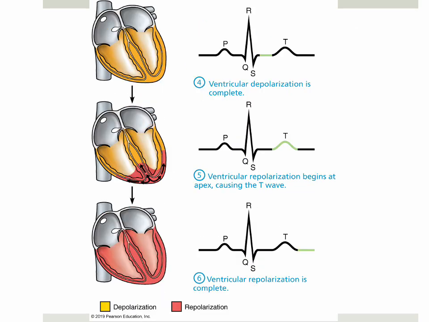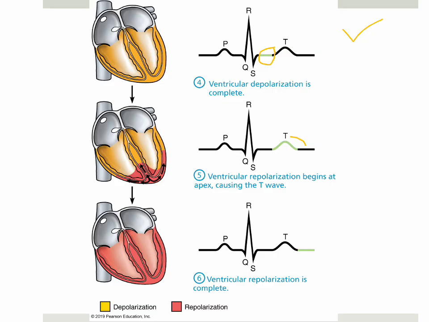And as you see here, the depolarization is complete, and then being depolarized, it has to repolarize, right? Why? Because it cannot stay at one point; something cannot perpetually contract, okay? Especially the heart muscles, you don't want that.